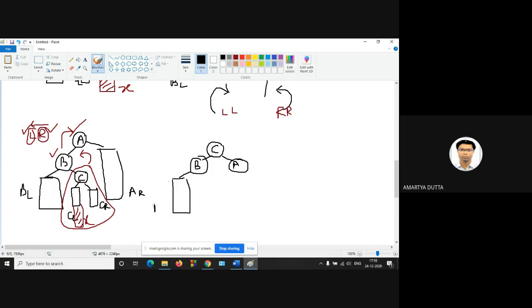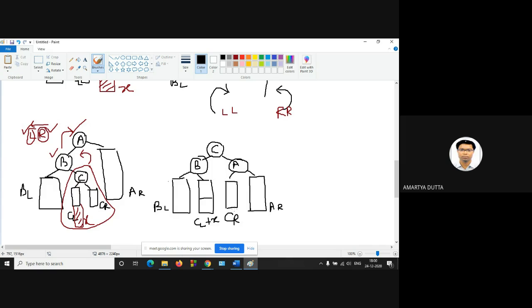From A, you are getting AR. From the right side of B, you are getting CL plus X. This is your CL plus X. And the left child of A will be CR.